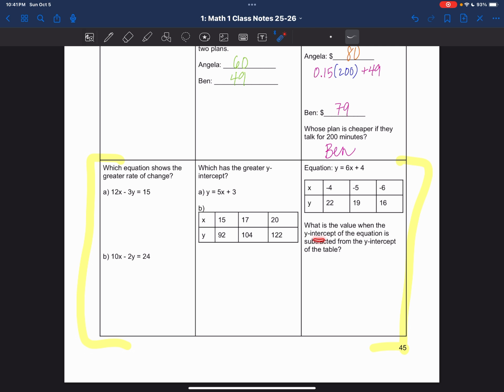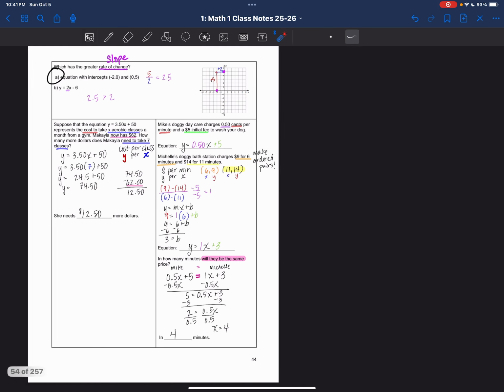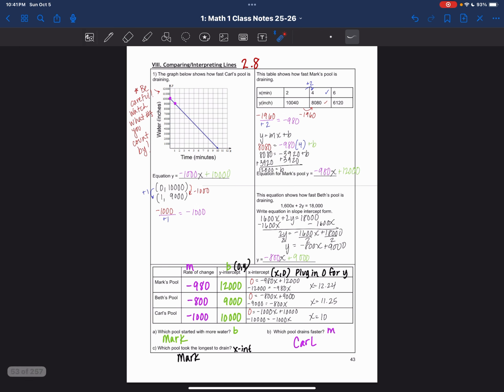So we want to know the value of the y-intercept. Both the y-intercepts are subtracted. So you need to find b1 minus b2. So you're subtracting your two y-intercepts. All right. So it's a lot to do, but this is all stuff we've done before. We're just putting it all together and comparing the slopes, y-intercepts, and equations of the lines.